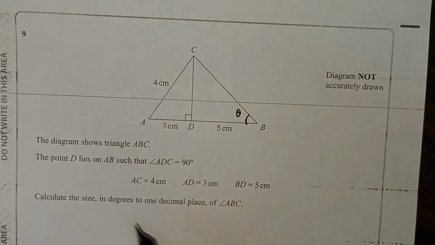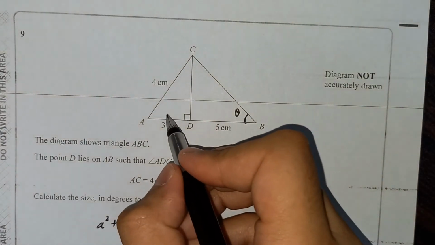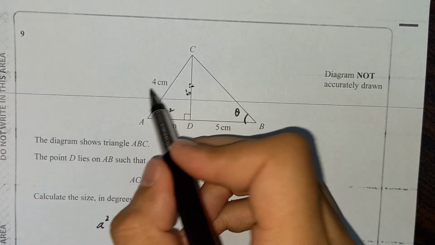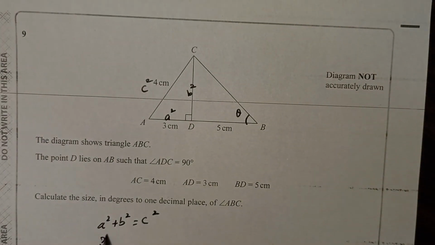Pythagoras theorem is a square plus b square is equal to c square, where this is the a square, this is the b square, and this is the c square. So 3 square plus b square, which is our unknown, is equal to 4 square, which is our hypotenuse.